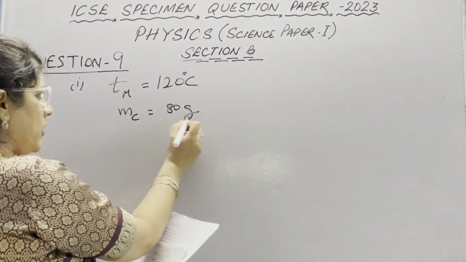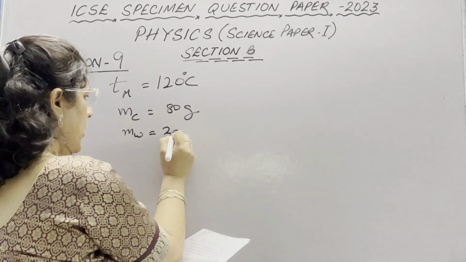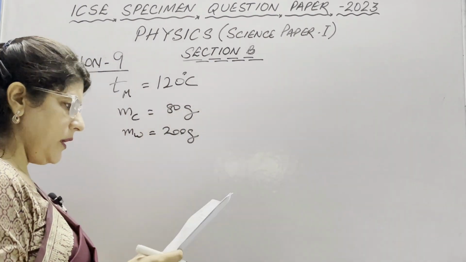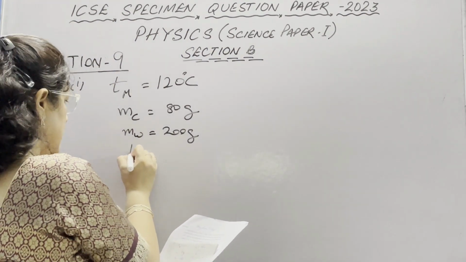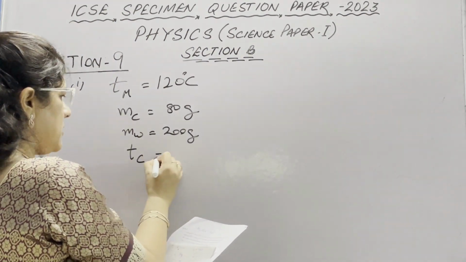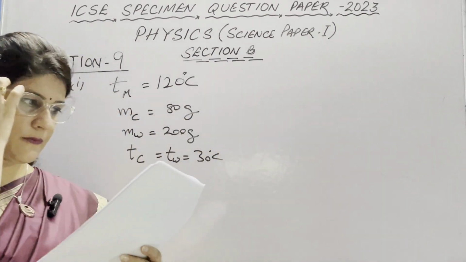So the temperature of the metal is 120 degrees Celsius, the mass of the calorimeter is 80 gram, the mass of water is 200 gram, and the temperature of both the calorimeter and the water is 30 degrees Celsius.